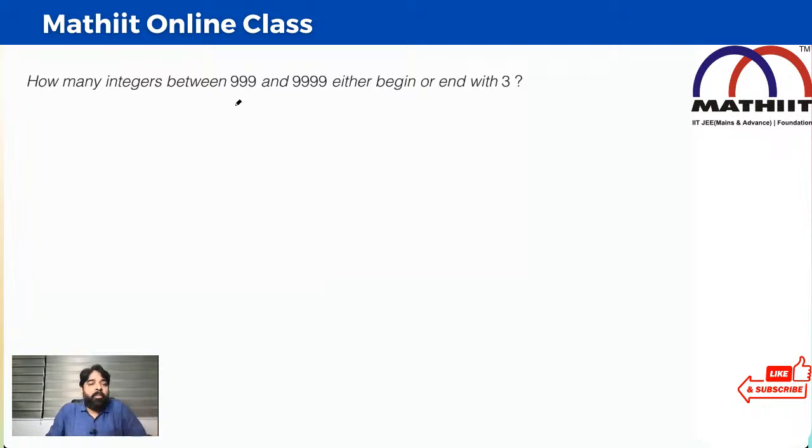Check this. How many integers between 999 and 10000? So between, be clear, between means you cannot consider this number or this number. So it means after 999, the next number will be 1000. Am I right? And before this, what the number will be there, that we have to see.